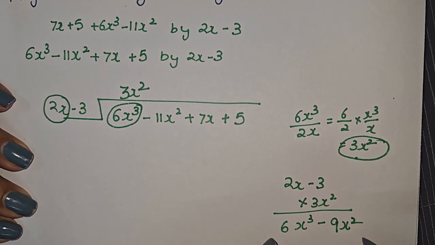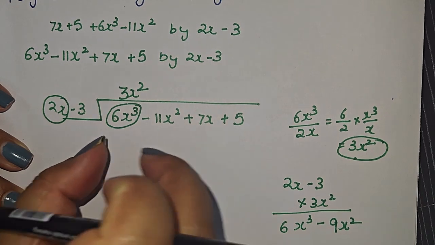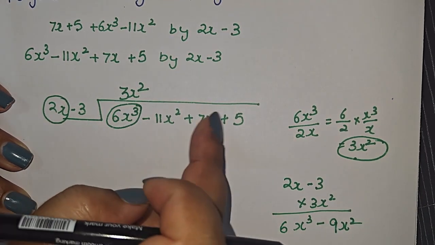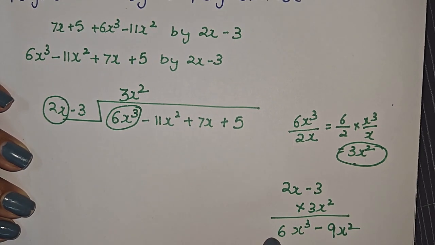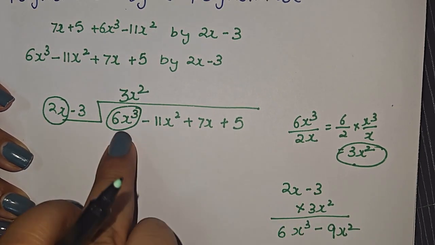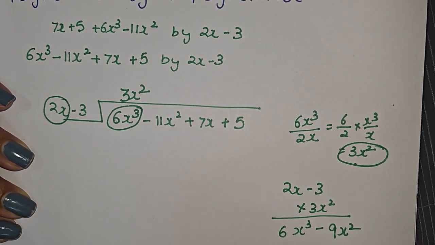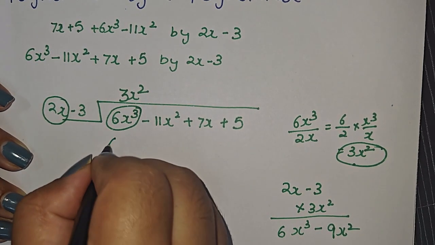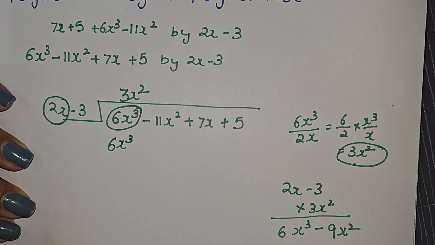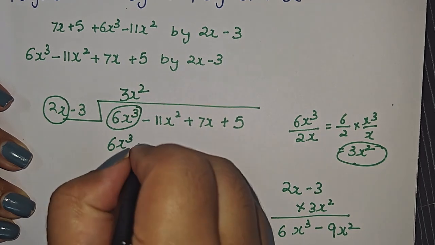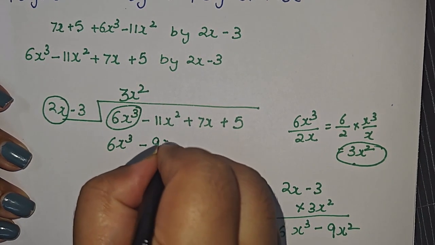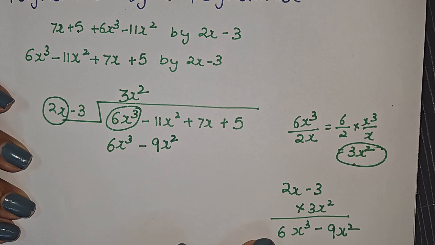You have to pick up this term and place it under the dividend according to the power. 6x^3: let's search x^3. We have x^3, so this whole term will come under x^3. Then we have minus 9x^2. Let's see x^2. We have x^2, so minus 9x^2 goes there.